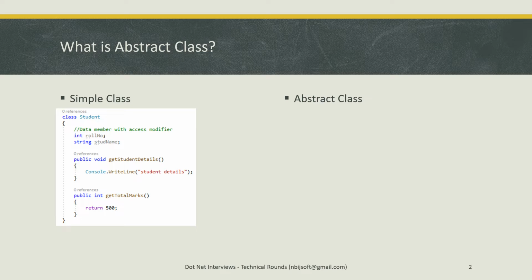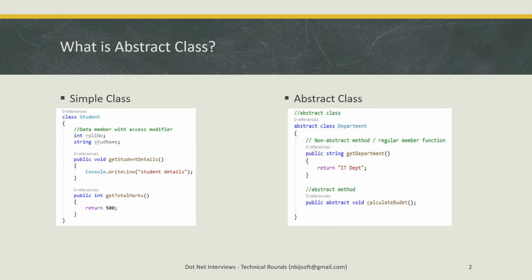In the student class, you can see we have roll number as an integer and student name as a string, and fully implemented functions like get student details as well as get total marks.